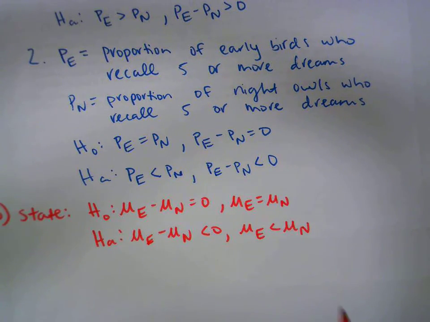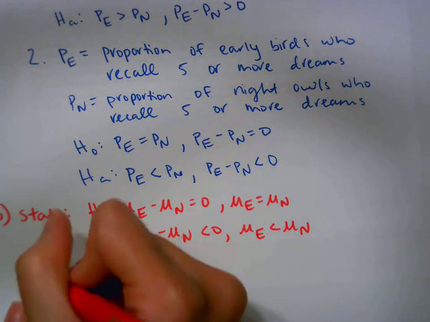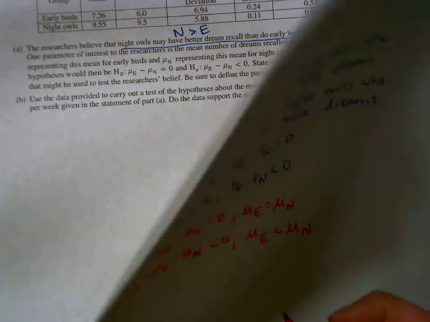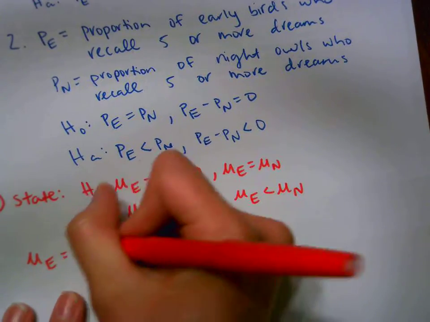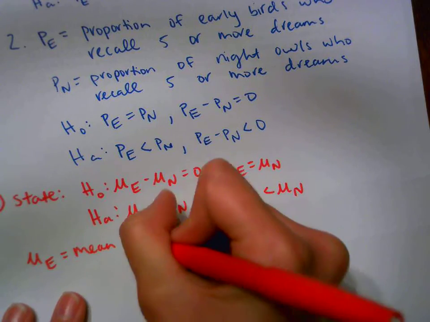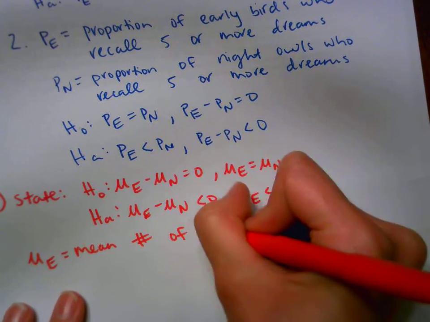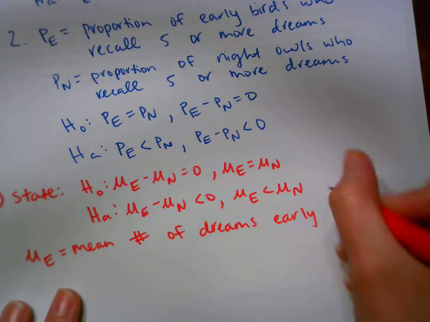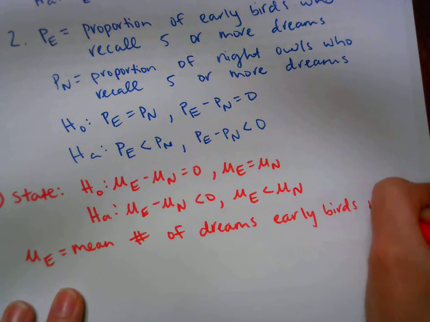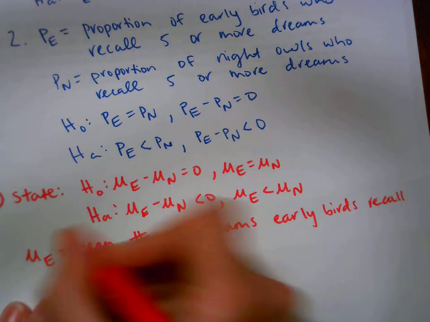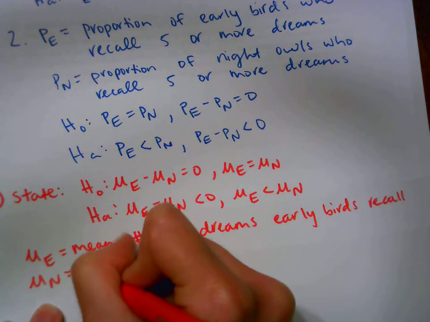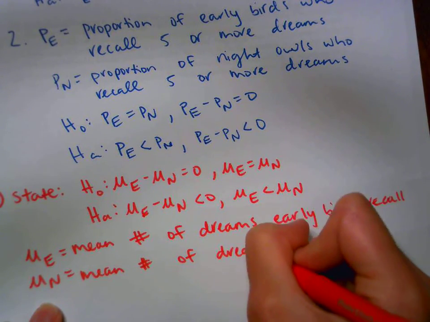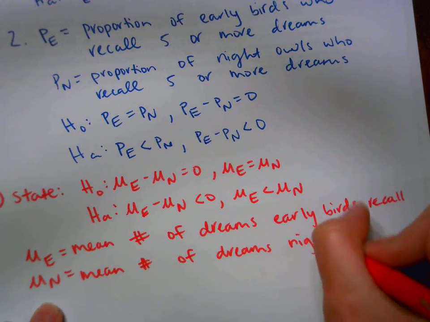And then I would still go ahead and define our parameters. So mu E is the mean number of dreams early birds recall, and mu N is the mean number of dreams night owls recall.